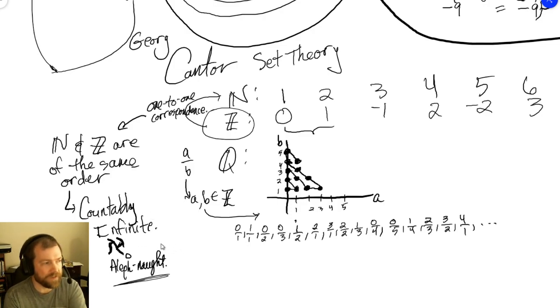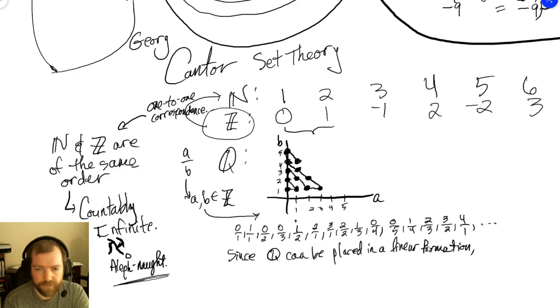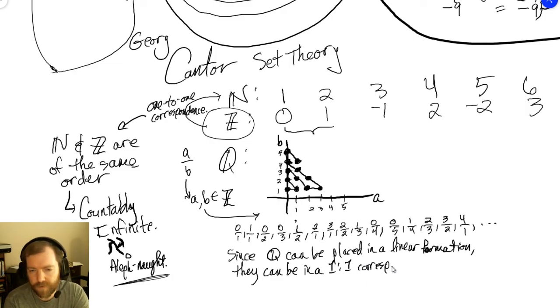So it turned out with this, since rational numbers can be placed in a linear formation, can be placed in a one-to-one correspondence with naturals.